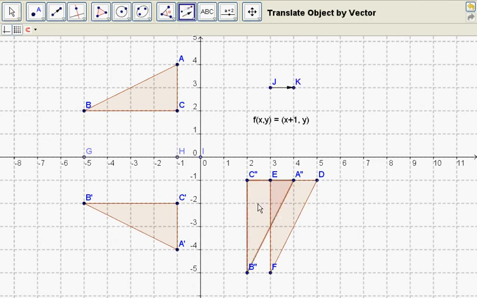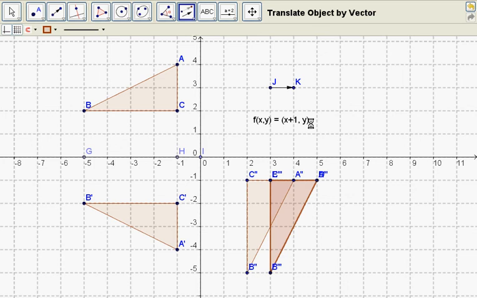Okay, and to translate this one to the right, I'm going to translate by that vector, and it takes it. So I've mapped it from here to here through a series of transformations. Again, that series of transformations is reflect over the x-axis, and then rotate 90 degrees counterclockwise about the origin, and then translate according to this translation right here.